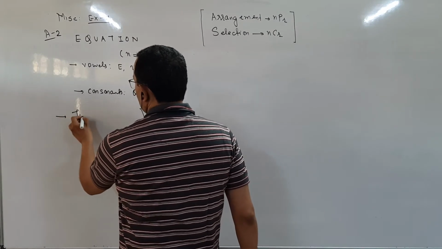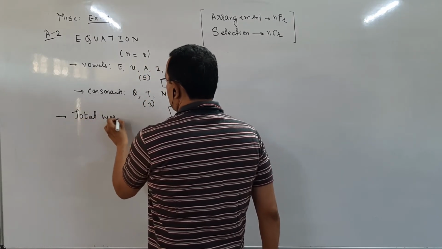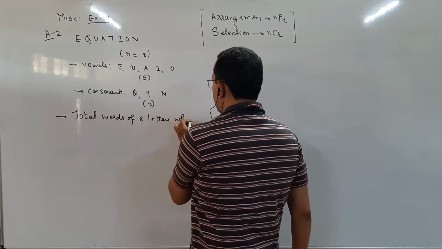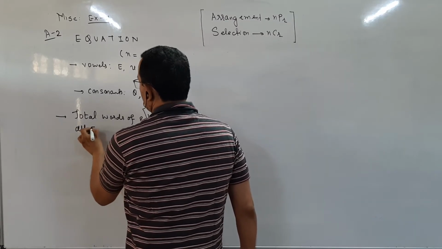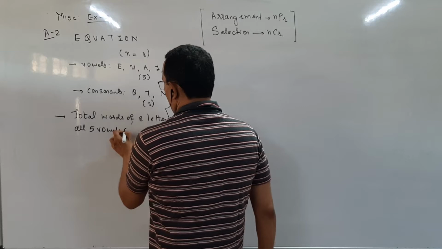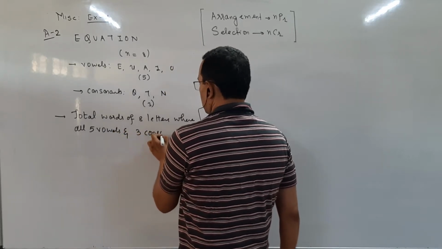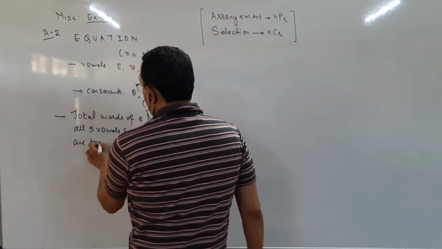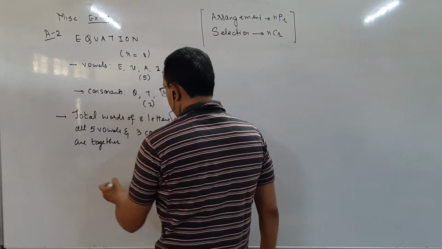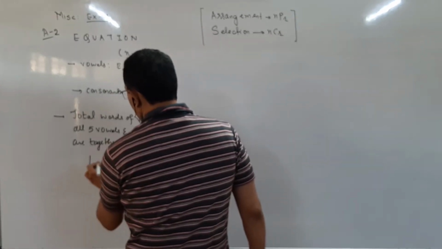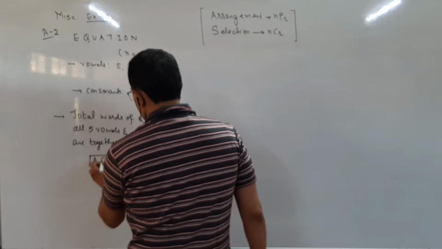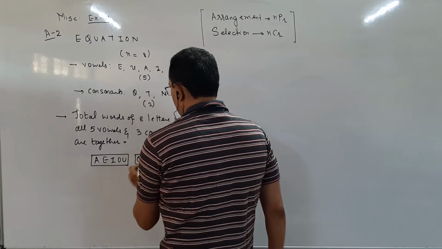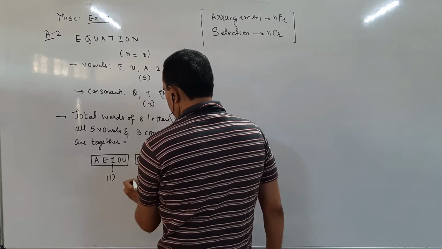So we write total words of 8 letters where all 5 vowels and 3 consonants are together is equal to. Now group 5 vowels as 1 and group 3 consonants as 1. Take this as only 1 letter, take this as only 1 letter.